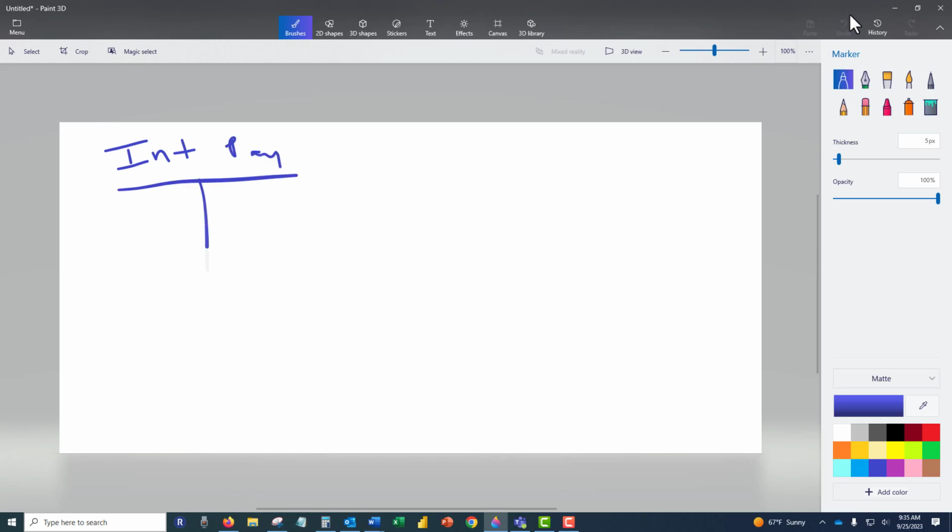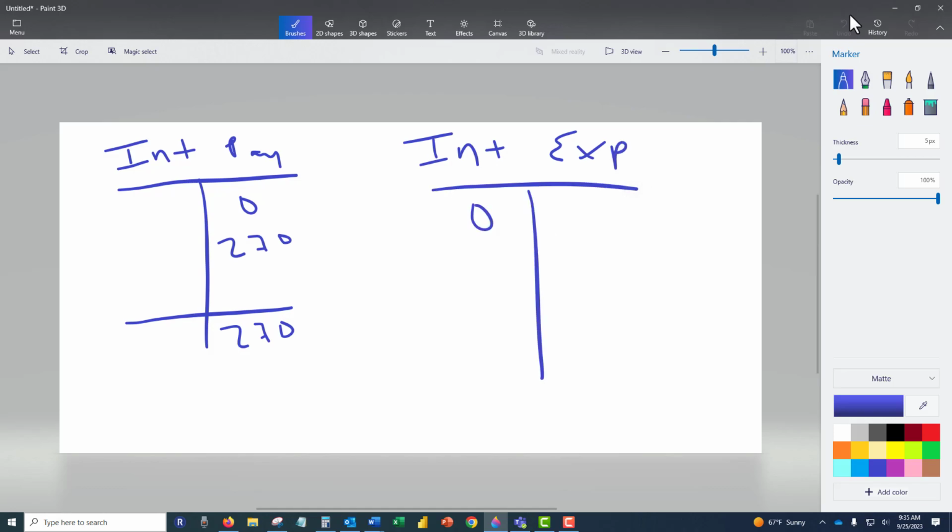It started at 0, and we added 270 to it. Remember that our balances are just the increases and decreases to an account, so we have 270. And same thing with interest expense, right? We started with 0. We added 270 to it, so our ending balance at the end of December is $270. These are our T accounts, easy ways to follow through.